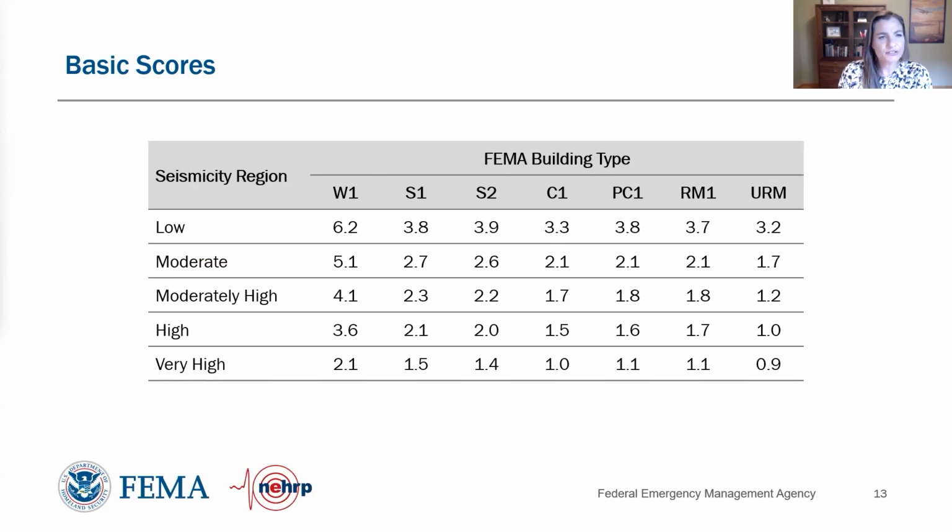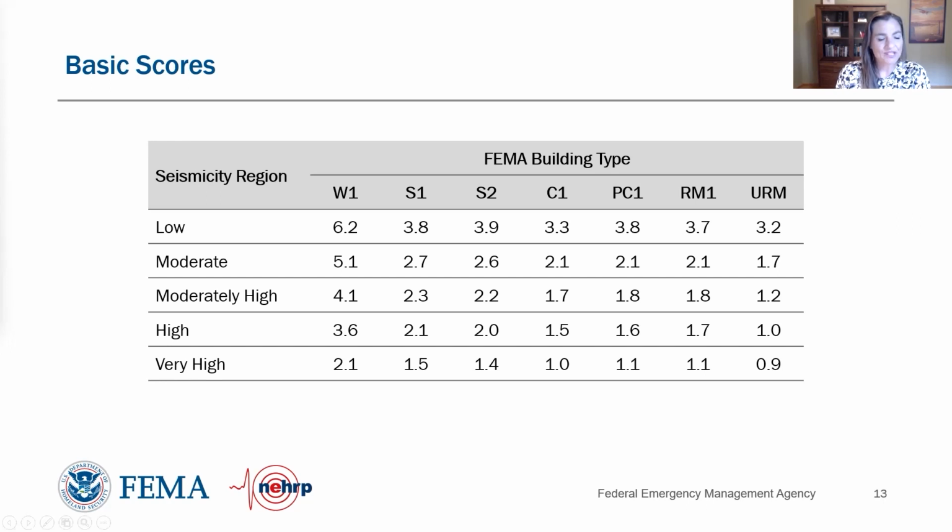And so this table shows basic scores by seismicity region for a variety of building types. There's 17 building types, but this table is just showing us seven of our favorite building types to look at for low seismicity, moderate, moderately high, high, and very high. And what we notice is that there's some patterns.